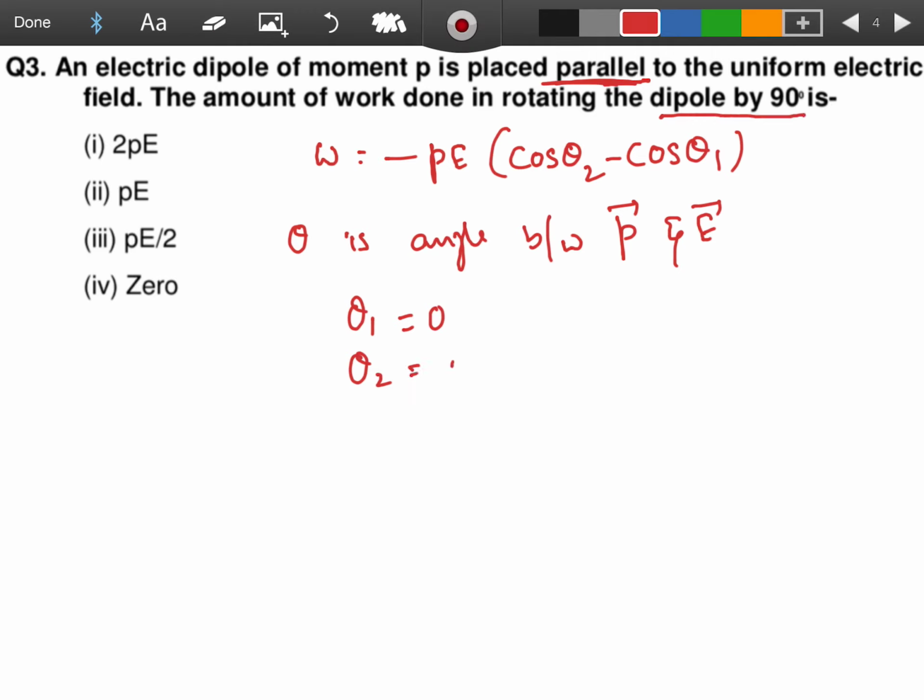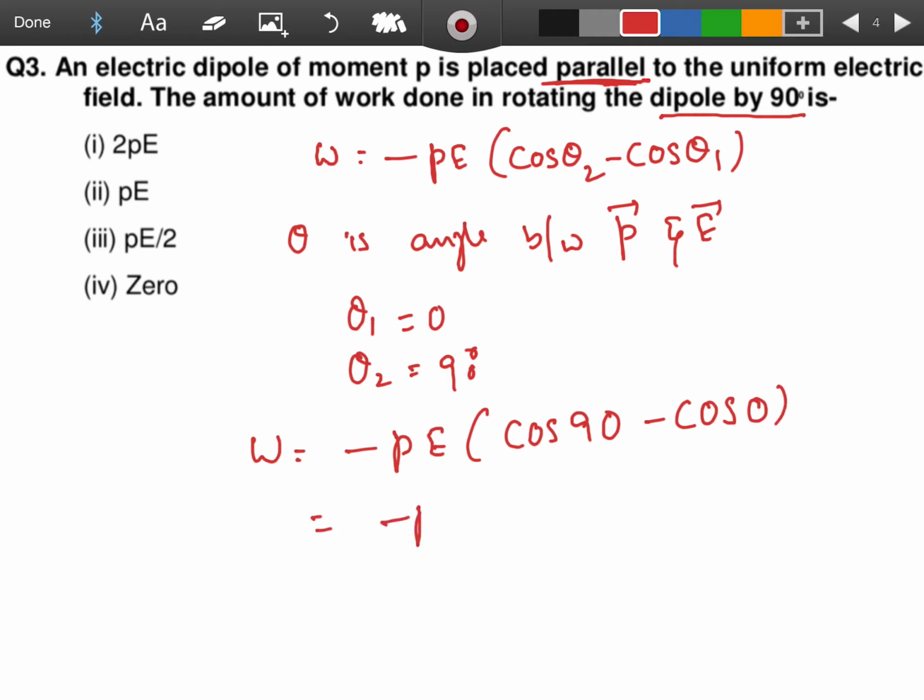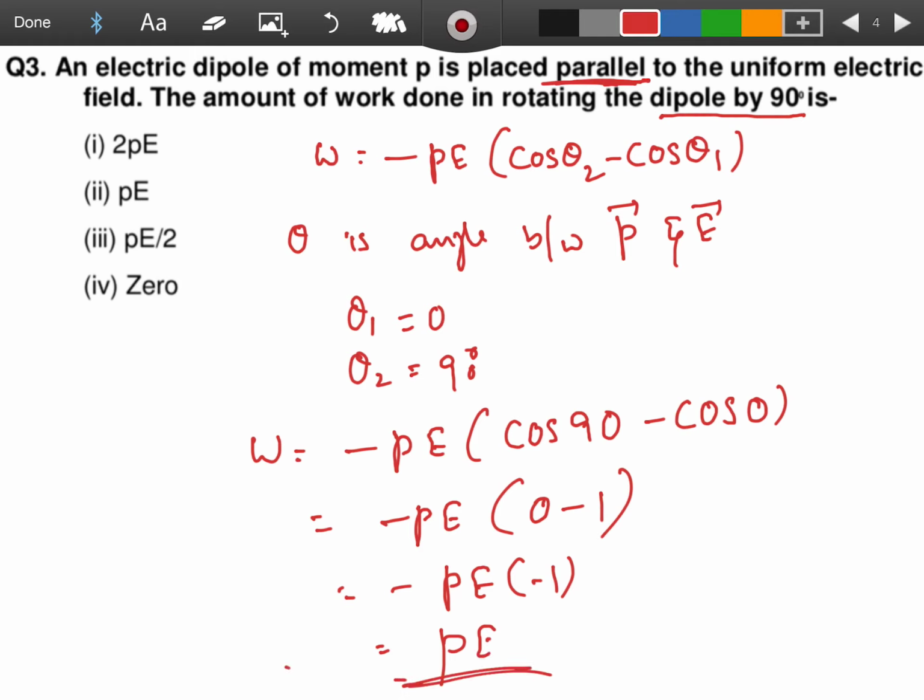So finally it should be at what angle? It should be at 90 degrees. So W equals minus P (cos 90 minus cos 0). So, minus P, cos 90 is 0, cos 0 is 1. So, minus P into minus 1. So, the answer is P. I hope you understand this one.